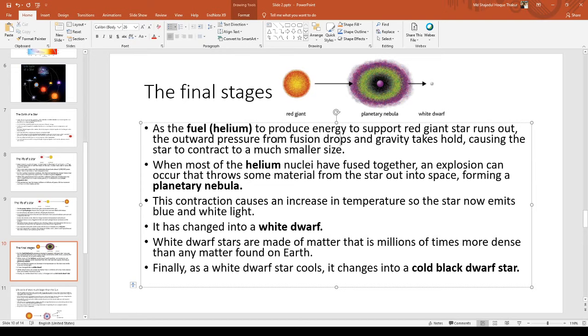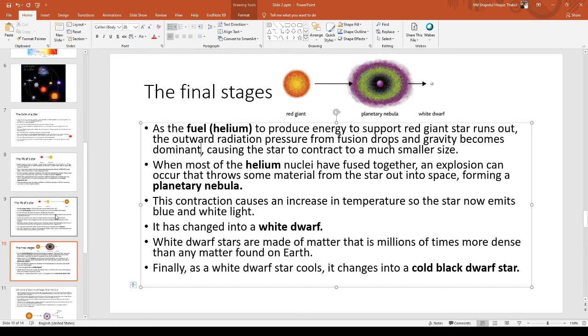Outward pressure meaning radiation pressure. The outward radiation pressure from fusion drops, and gravity takes hold. By takes hold, I mean becomes dominant. Gravity becomes dominant.